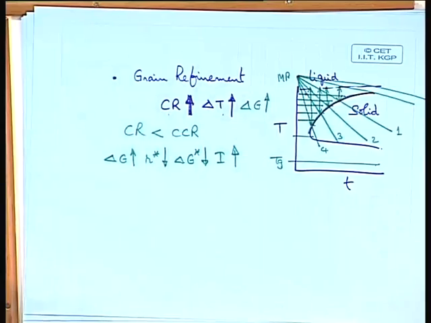All these are connected. There is a chain of events that take place once the delta T changes. Everything is related to just one parameter, that is the delta T.